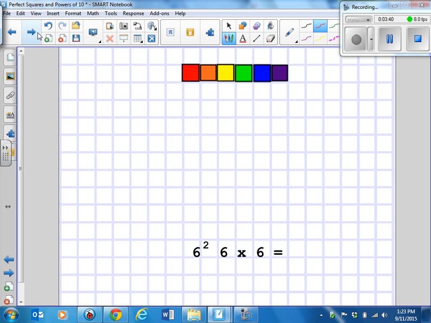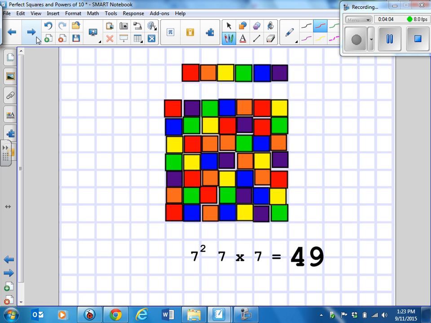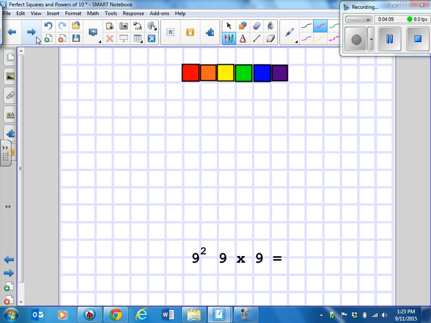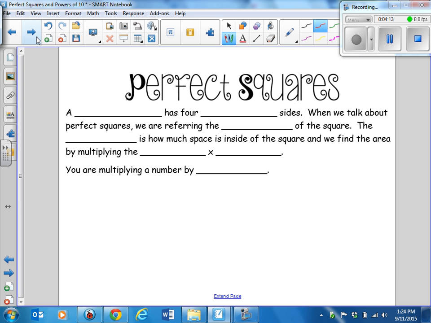And then we can make a 6 by 6, which would be 36 squares. We can make a 7 by 7, 8 by 8, 9 by 9, 10 by 10, which is 100 squares.